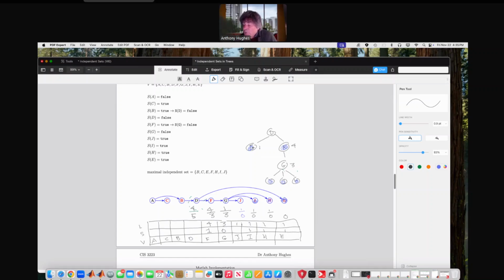Notice, you see, so we get 1 and 4 make 5, and you can count them 1, 2, 3, 4, 5. So we're going to go 5, but we're not going to include D. There we go. So let's rub it out. And now you see how the dynamic program is working.